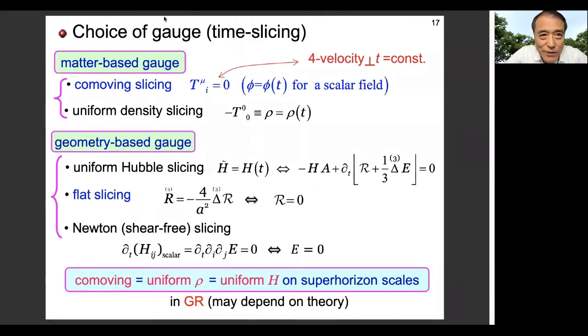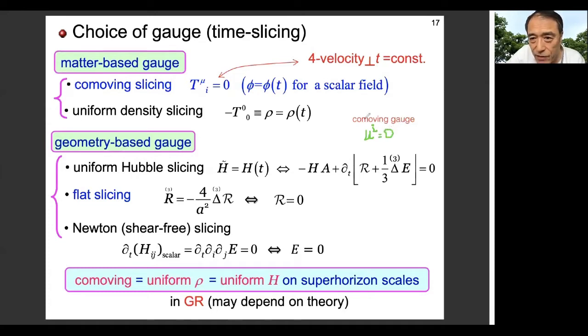Maybe I should write it down here. You have the so-called co-moving gauge, and this is a spatial gauge. This co-moving gauge means that for the velocity of this flow of the energy density, the i component, the spatial component of the flow velocity, is 0.